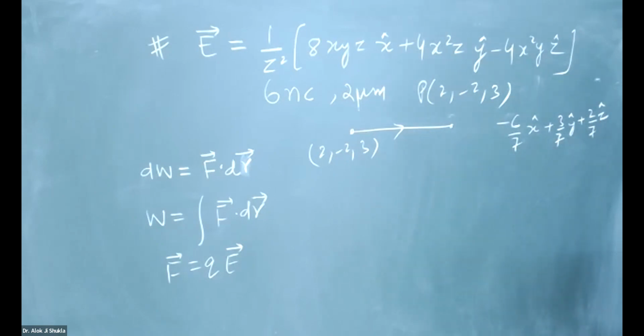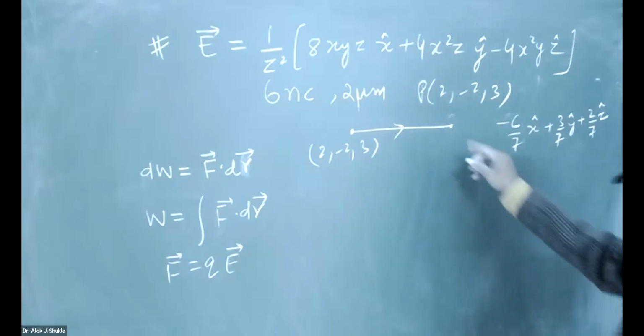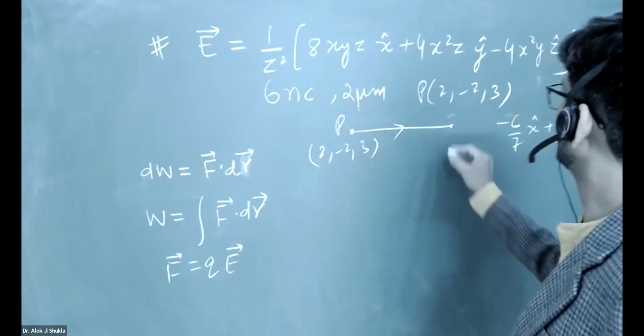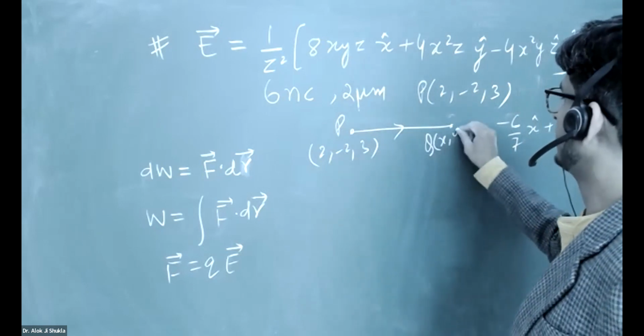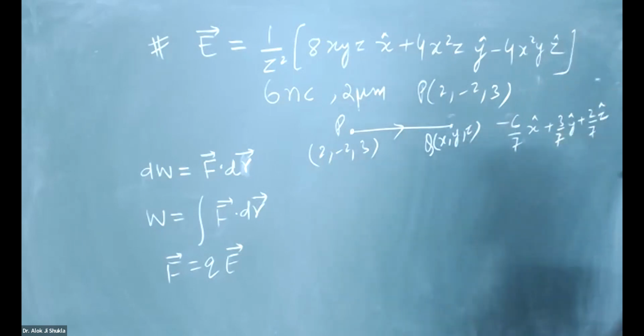Yes. So after you travel, what will be the new point? Using the distance formula, suppose this is P and this is Q, with coordinates X, Y, Z. You can write a new vector: X minus 2, Y plus 2, Z minus 3.